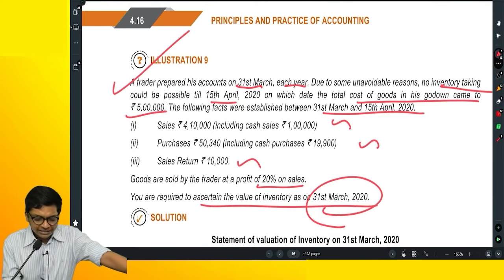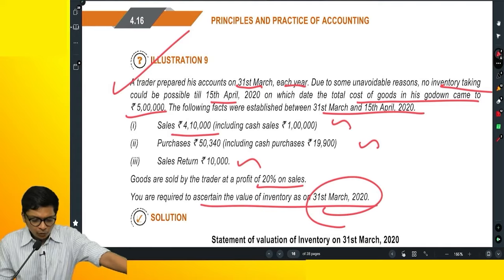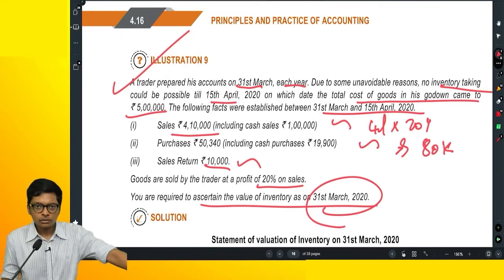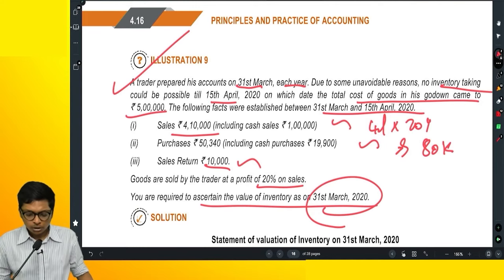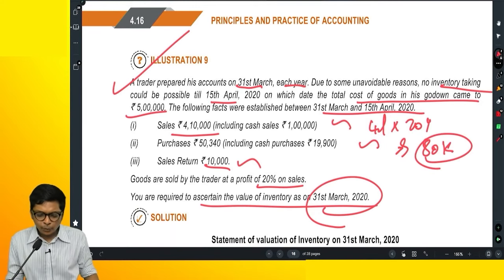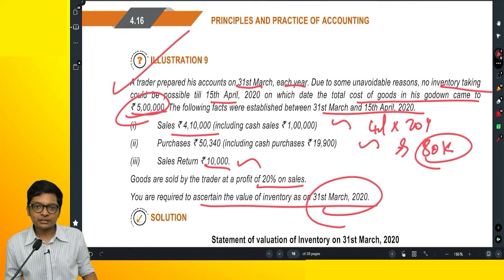What is 20% on sales? 4 lakh, trader 20%. How much, guys? No, you have to reduce what? Sales return. Reduce it. So 4 lakhs into 20%. How much? 80,000. Correct? So this is the GP. What is my starting point? 5 lakhs.